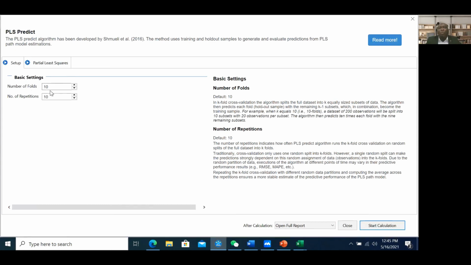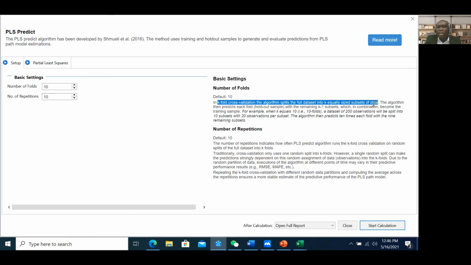The number of folds basically means how you want the total sample size to be broken: into how many sections, into how many subgroups do you want the complete data set to be broken?